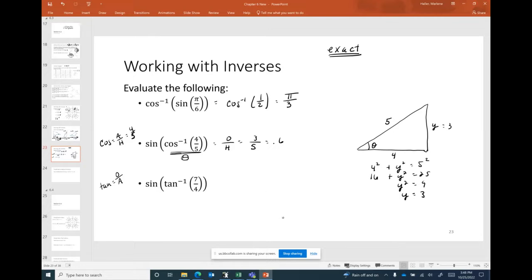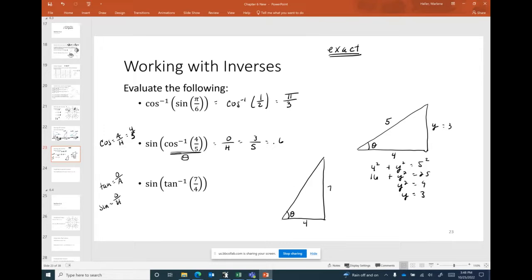So for this triangle, maybe it'll look something like this. And there's our angle. The opposite side is 7, the adjacent side is 4. Now if we want to find the sine on this triangle, sine is opposite over hypotenuse.